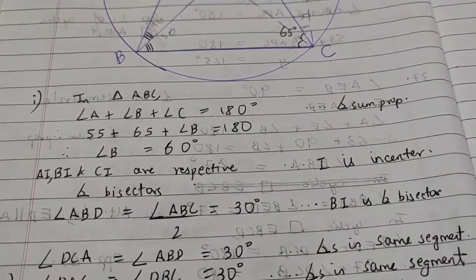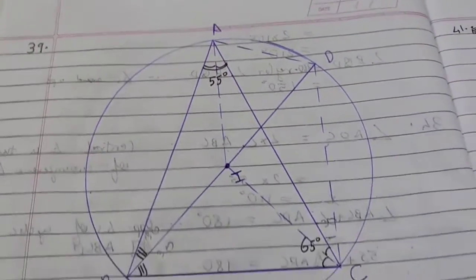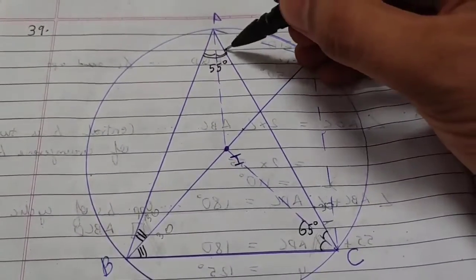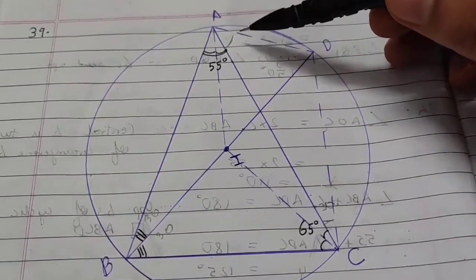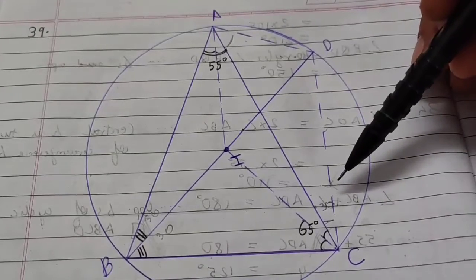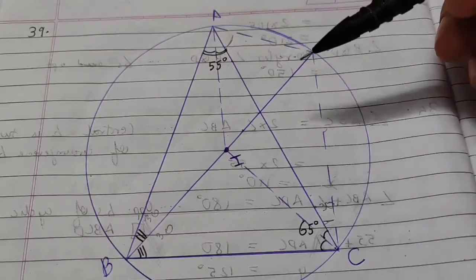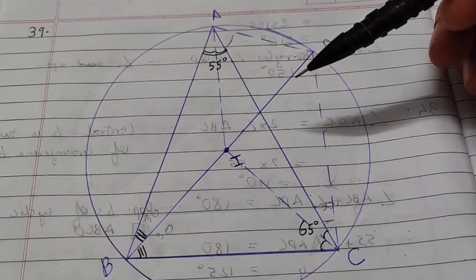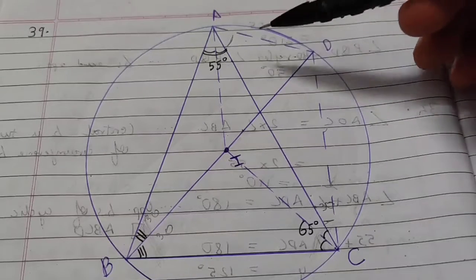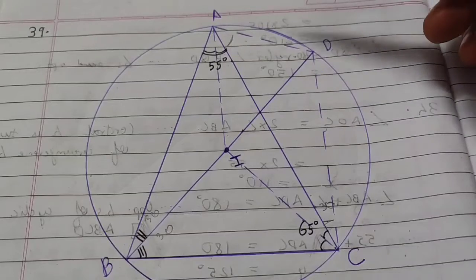Second one, angle DAC. This angle. Is there any angle which is equal to angle DAC? You should be able to visualize this. This chapter is all about being able to visualize which angles are equal to which one.